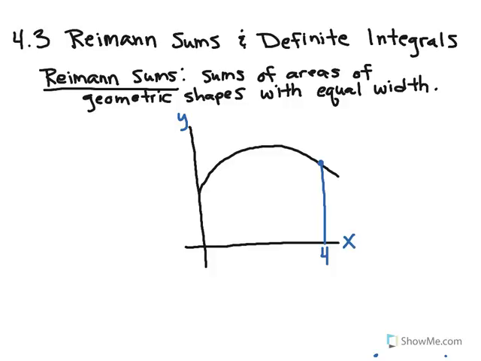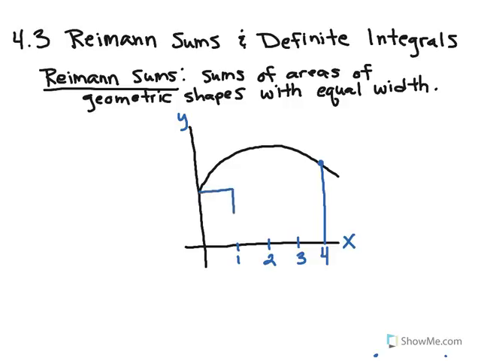Alright, so let's go ahead and get this started. Now, we want all of our rectangles to have an equal width, so they're all going to have, in this example, a width of 1. Think about it this way: the more rectangles I have under this figure, the more accurate my area is going to be. So we're going to start by making some rectangles.